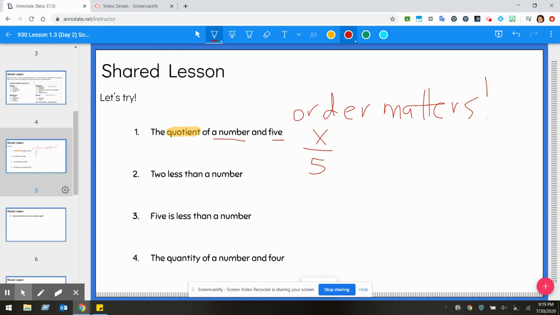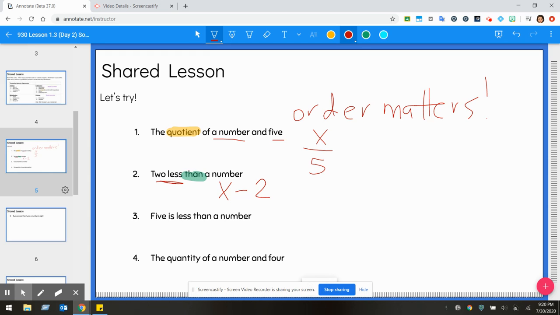Next one, 2 less than a number. Like I mentioned before, that word than means I'm going to write this as that number first, so 2 less than that number is going to be x minus 2. When you see that word than, you're going to switch the order of the terms.